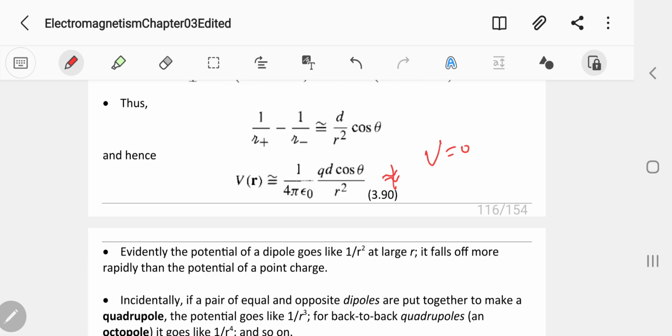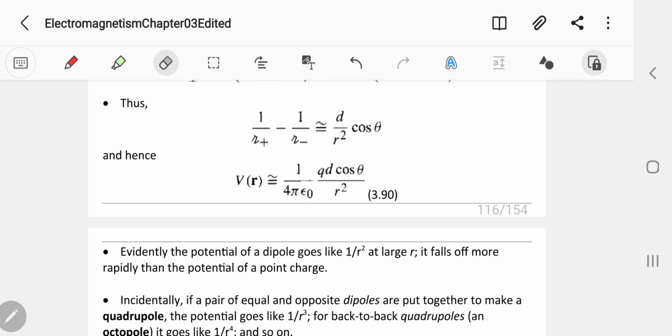So you have a completely different view of a charge distribution with total charge equal to 0 at large distance from the configuration.